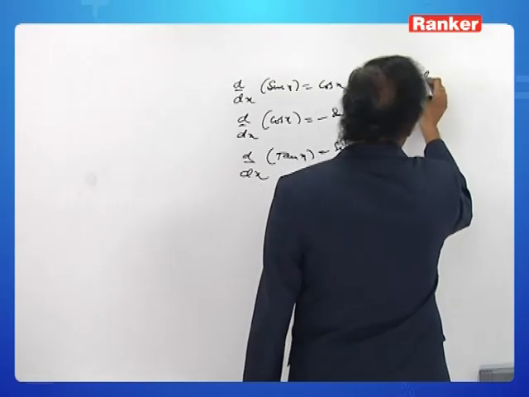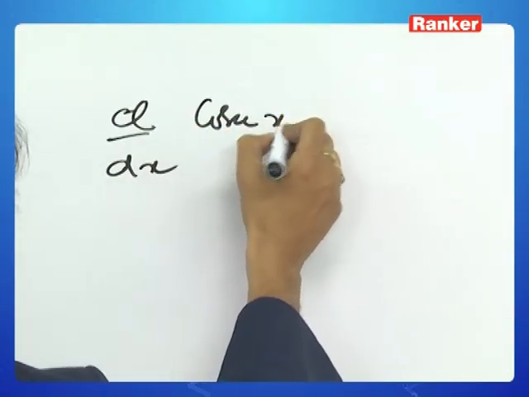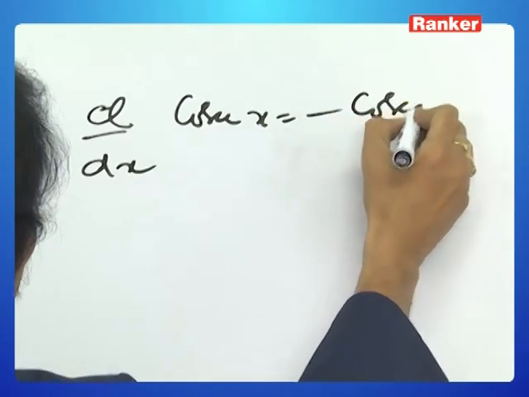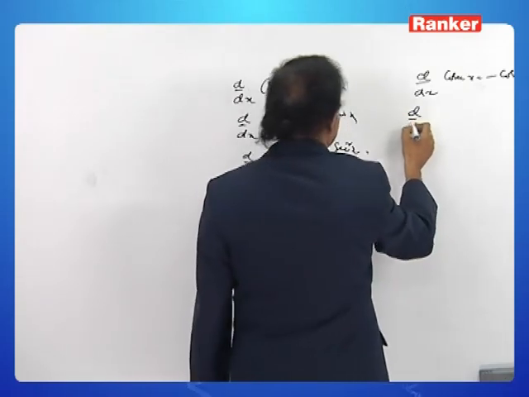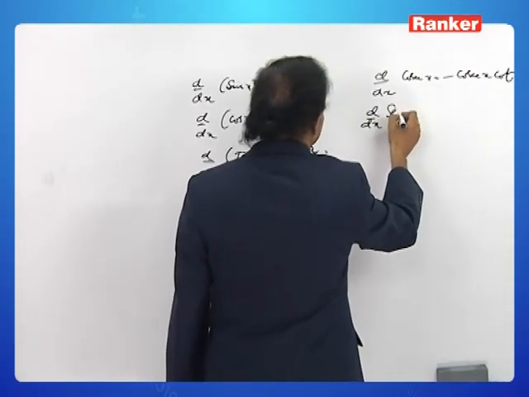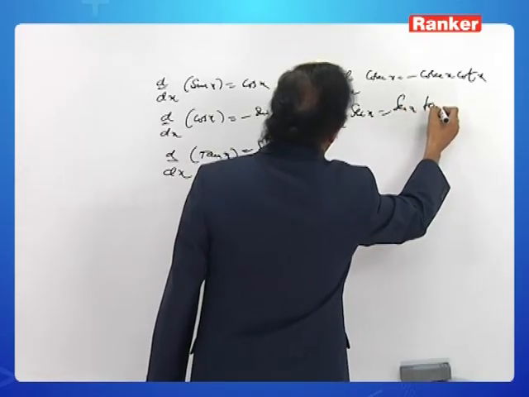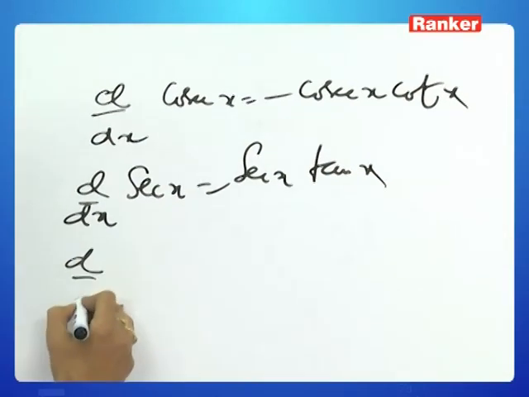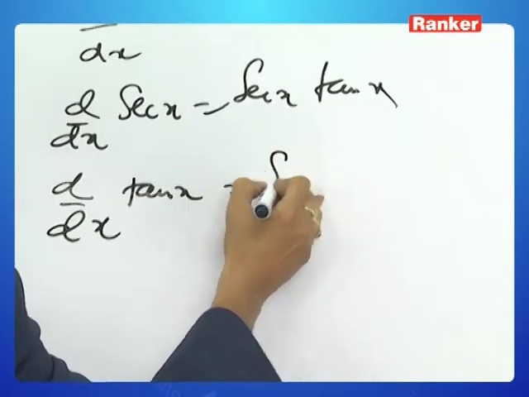The derivative of cosecant x is minus cosecant x cot x. The derivative of secant x is secant x into tan x. The derivative of cot x is minus cosecant square x.